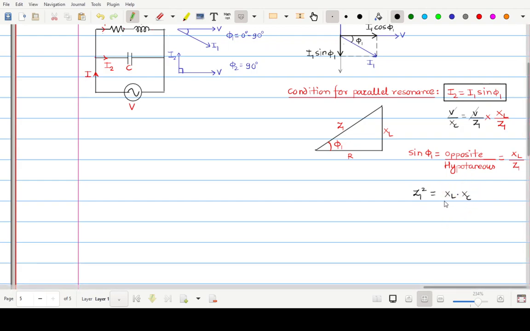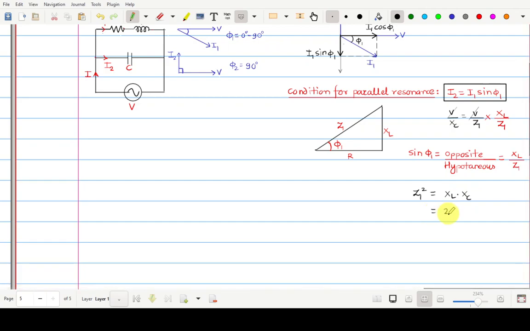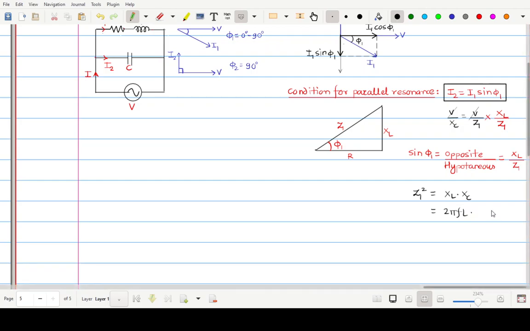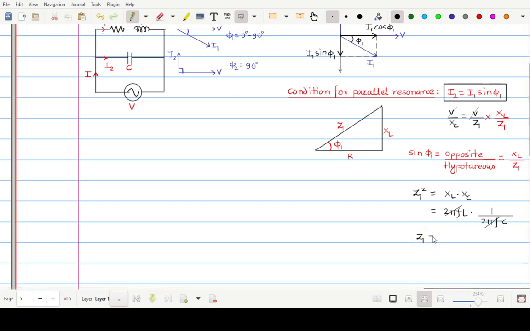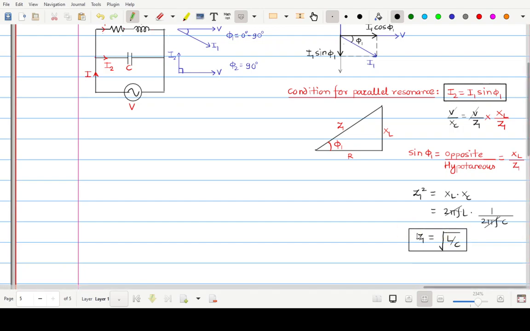Putting in these values, XL is 2 pi F into L, multiplied by XC, which is 1 upon 2 pi F into C. The 2 pi F terms get cancelled, so Z1 is equal to the square root of inductance upon capacitance. This is nothing but the impedance of the first branch, this RL branch, and we will need this Z1 in further equations.